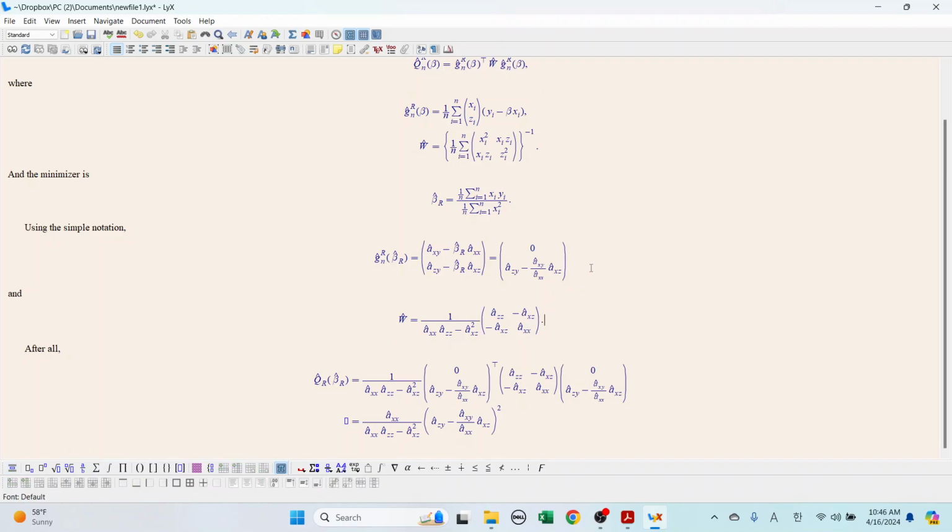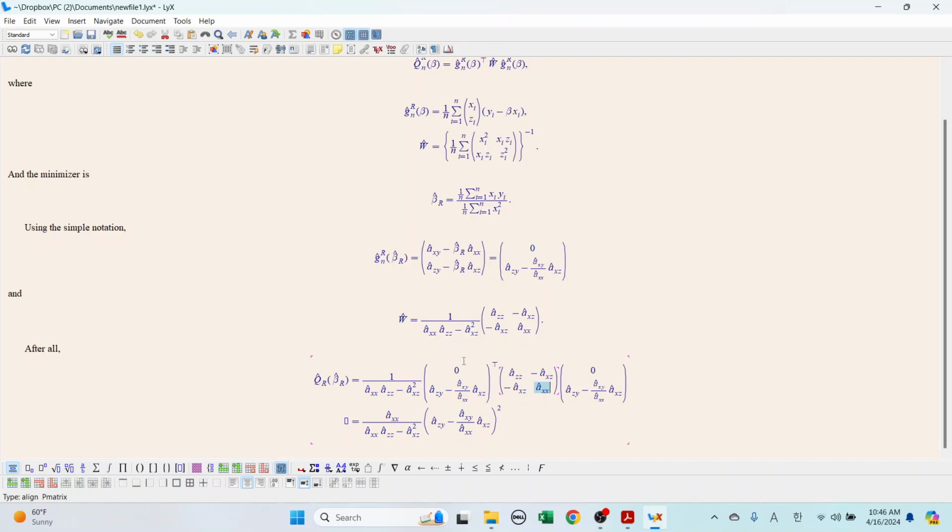So combine all the things. Even though we simplify the notation, it's still pretty complicated, but fortunately having 0 here will save a lot of work, because of the 0, in the end we have this times the 2,2 element, right?